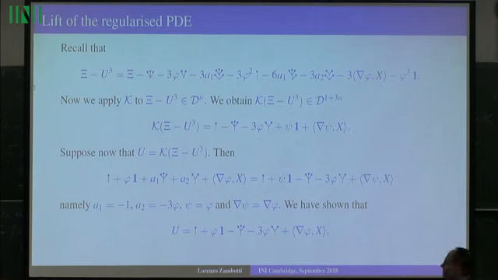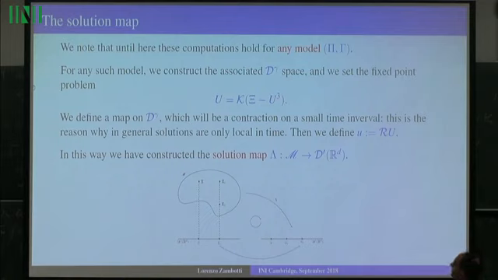Okay, other questions? Now, the solution map. So we note that, in fact, until here, these computations hold for any model, pi and gamma. Okay?